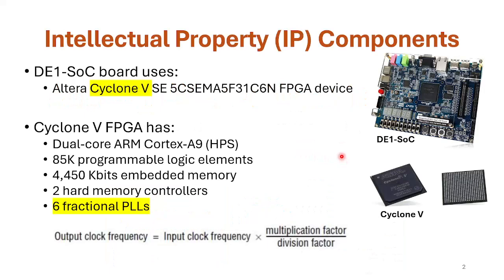When we work with FPGA boards like the one that we use now in this course, the DE1-SoC, it has a certain FPGA device like the Cyclone 5 that we're looking at.